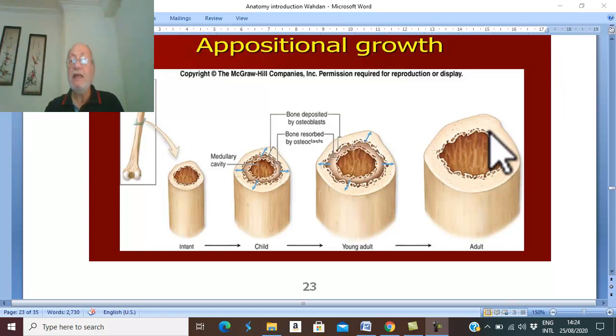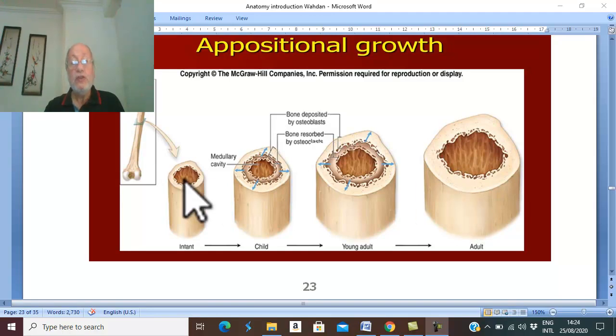Therefore, widening of the medullary canal is by the osteoclasts, which are the bone eroding cells, eroding the endosteum from the internal aspect of the cortex, and at the same time the osteoblastic layer of the periosteum leads to deposition of new bone at the periphery, leading to increase in the width and diameter of the bone.